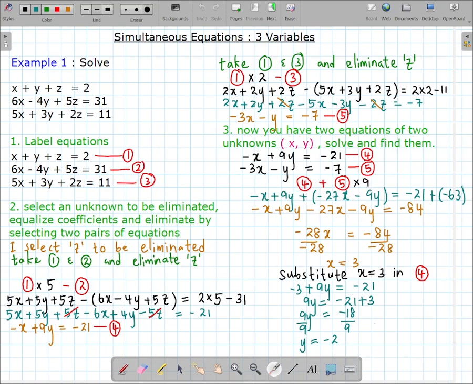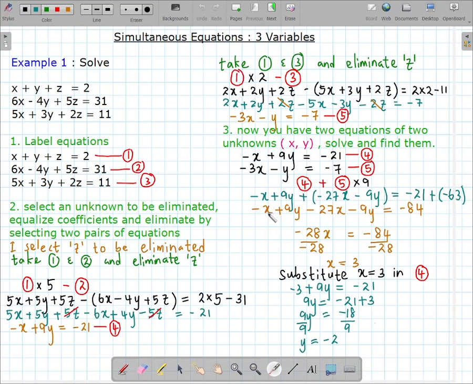9 times equation 5's left hand side, that is 9 times minus 3x, that is minus 27x. 9 times minus y is minus 9y, equals equation 4's right hand side, that is minus 21, add 9 times equation 5's right hand side, that is 9 times minus 7, that is minus 63.